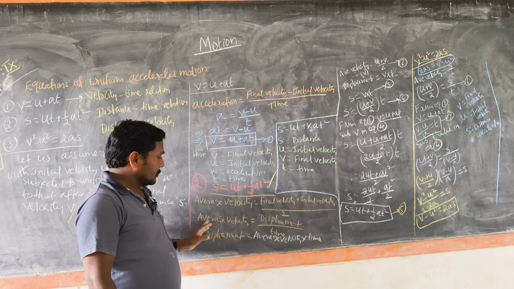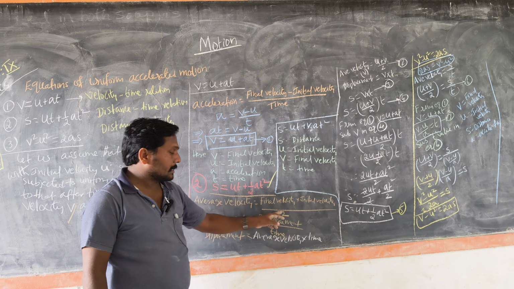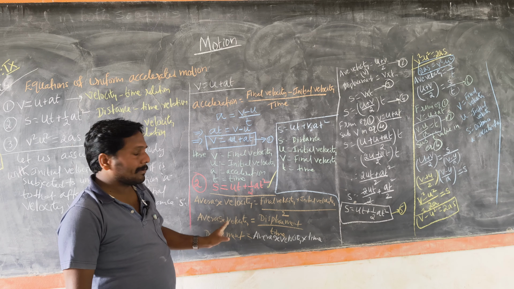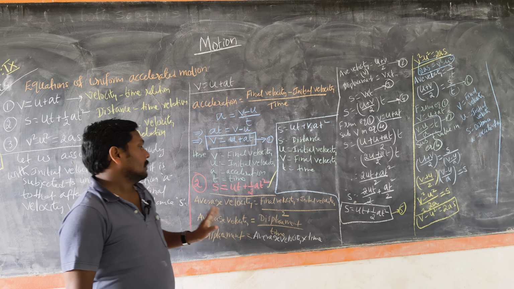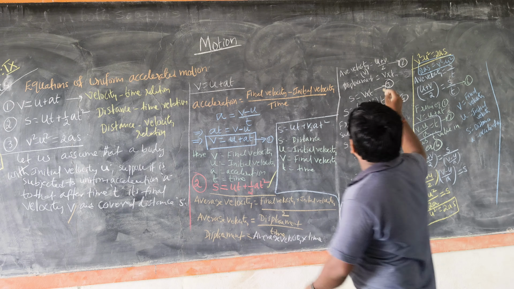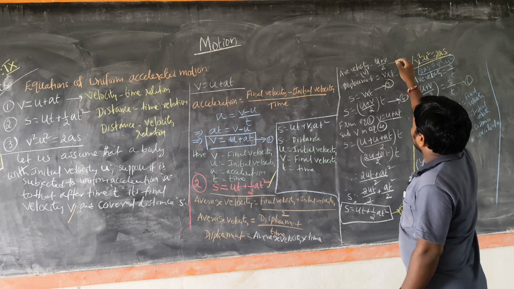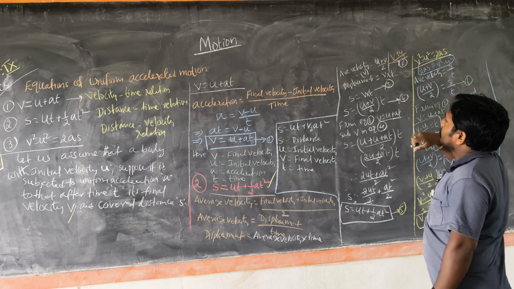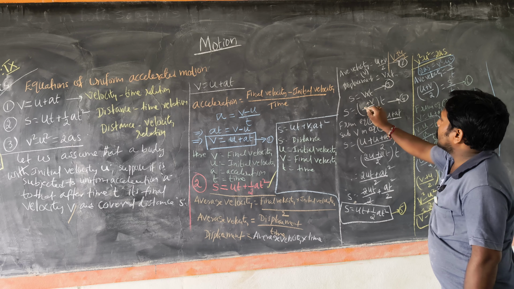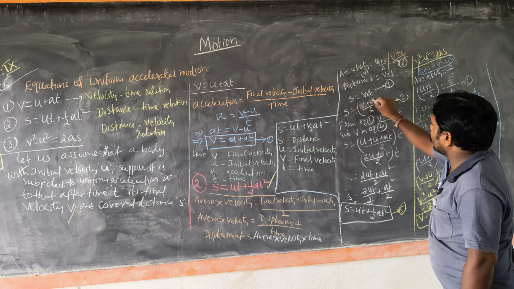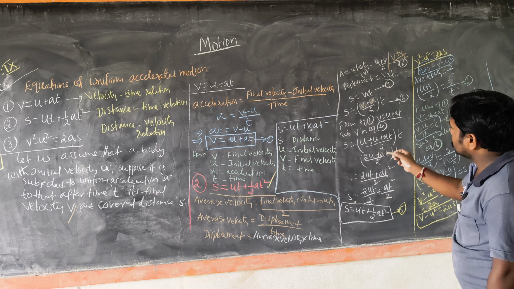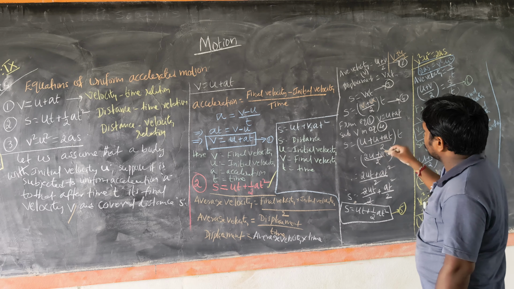This average velocity can also be written as displacement by time. Both are the same. So we can write u plus v by 2 or v plus u by 2, no problem.